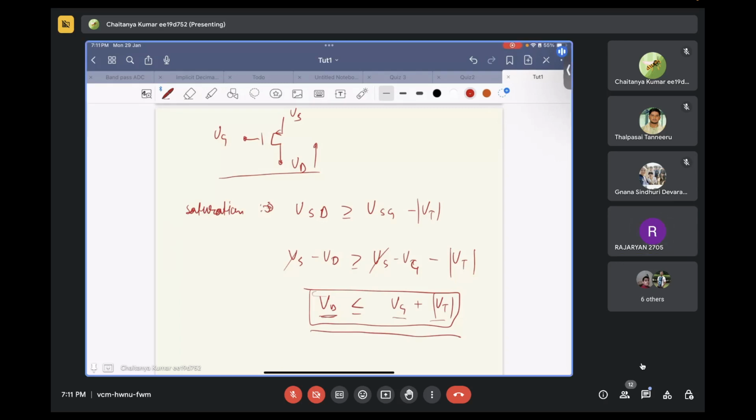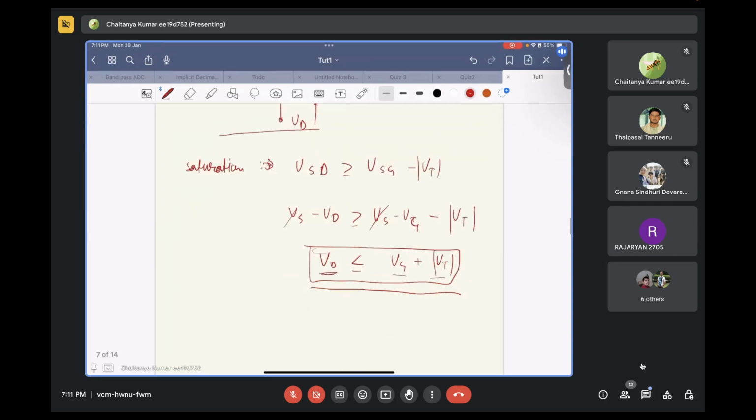Your drain voltage can go at max one absolute Vt above whatever your gate voltage is, and your device will be in saturation.